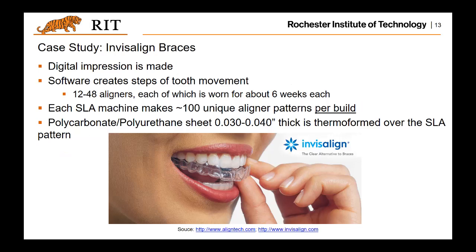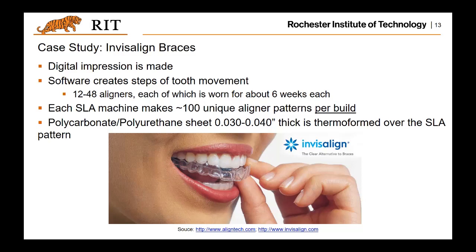I don't know if any of you have used this, but the idea is that instead of using metal braces, they developed polymer-based braces, which do the same job as the metal ones.